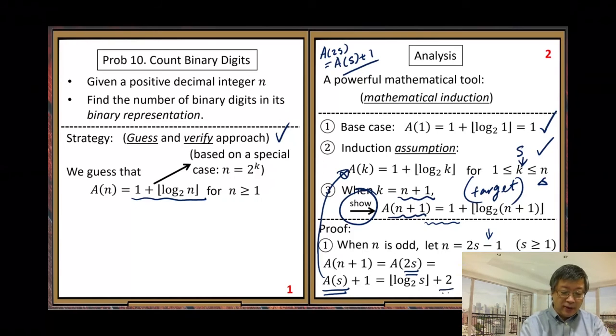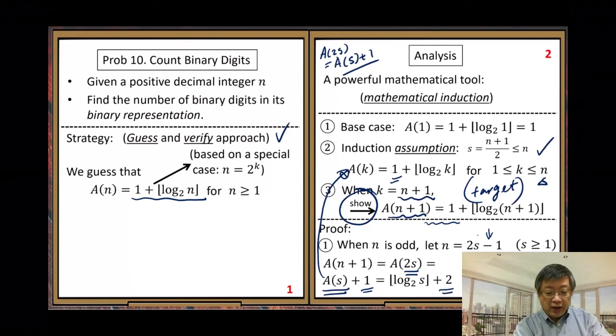Because you have a plus 1 here and another plus 1 here, so plus 2. But one step you need to check: s is in the range, because s equals n plus 1 over 2, and this expression is less than or equal to n and greater or equal to 1, for sure. In the range, that means we can use the induction assumption. All right, that's the left-hand side.